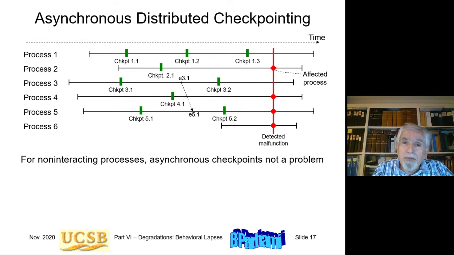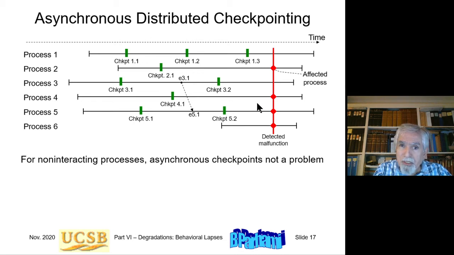Okay, now what happens here? Well, if you have to roll back, this process was unaffected, so it will not be rolled back. It will just continue from this point as if nothing had happened. This process will be rolled back here. Okay, so no problem.